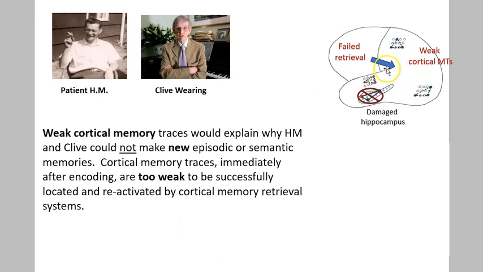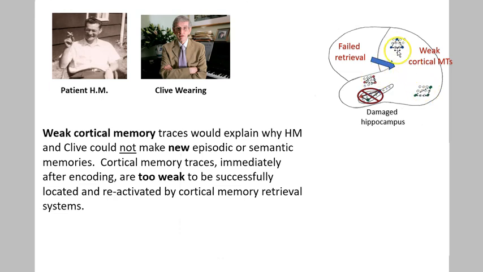The cortical memory traces immediately after encoding are just too weak to be successfully located and reactivated by cortical memory retrieval systems. Remember, HM and Clive, they don't have a hippocampus, but they do have an intact cortex, so they can do the encoding process just fine. They will make memory traces in the cortex. Unfortunately, they will remain weak. There's no way for these memory traces to be strengthened so that they could retrieve them later on.